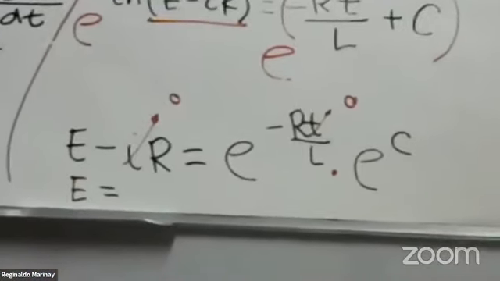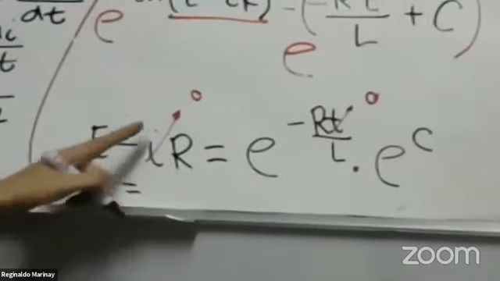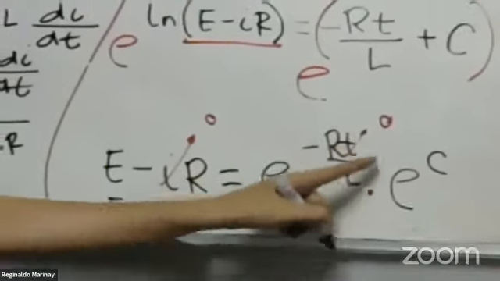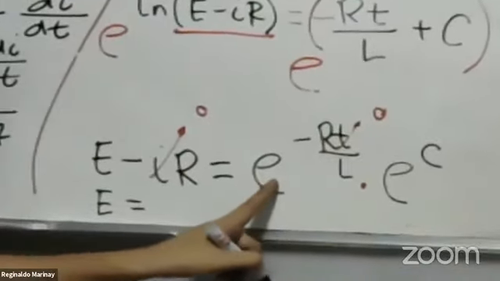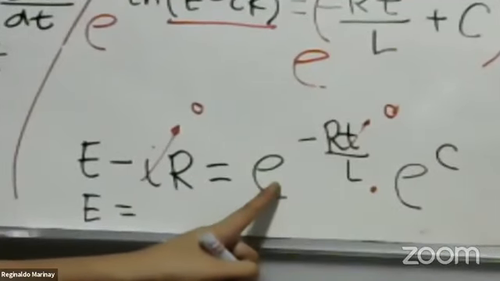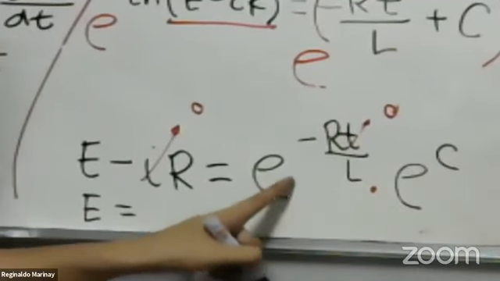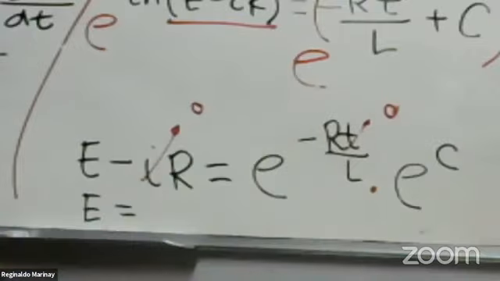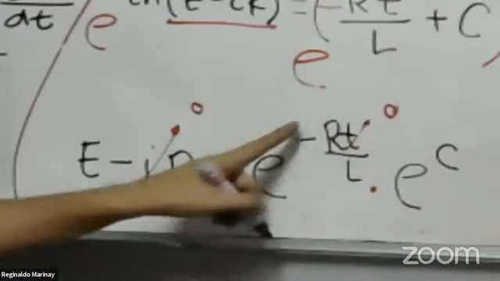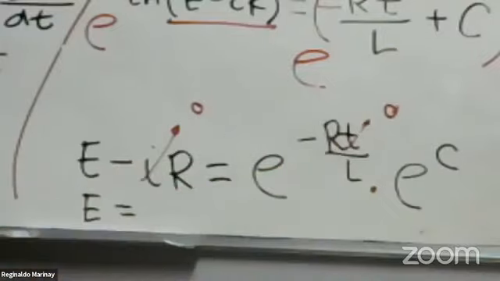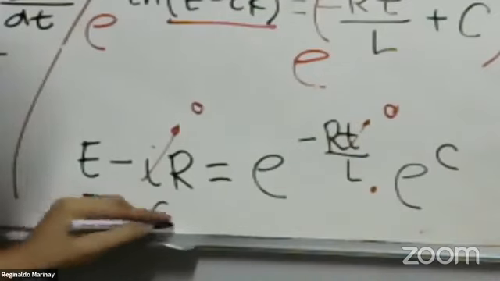This is already 0. This is already 0. By the way, E is a certain number, there's a value for E. Any number raised to 0 is always equal to 1, by algebra. This e raised to 0 will become 1. Now, what is e raised to C? It is a constant. You may represent that as simply C.